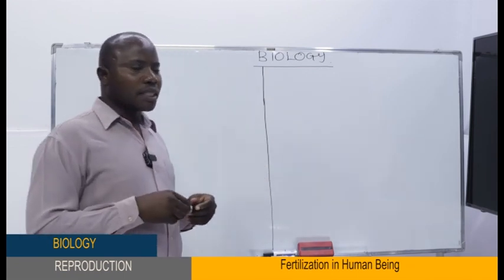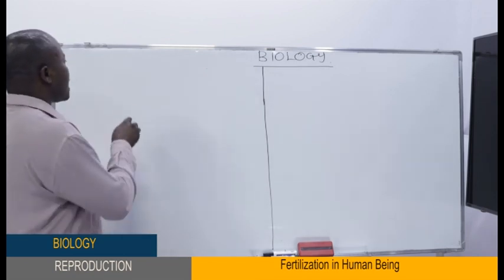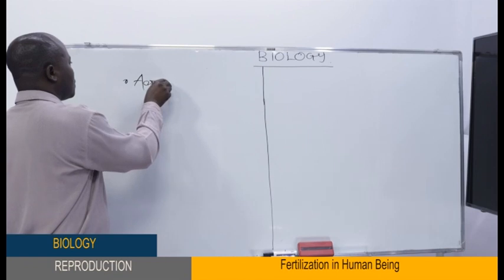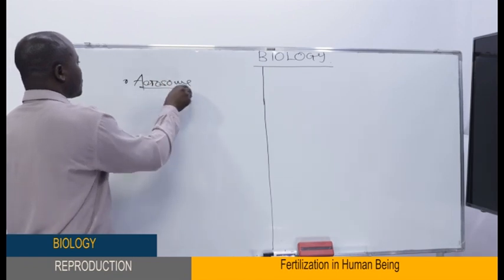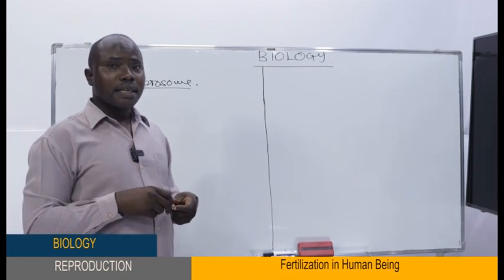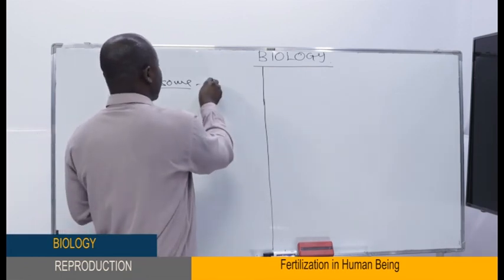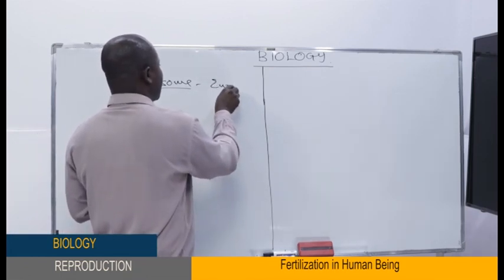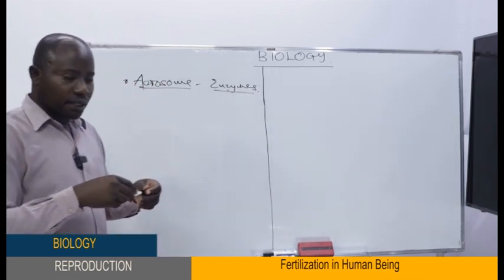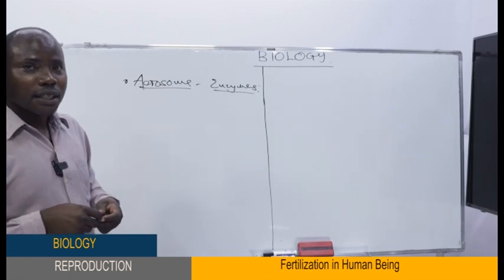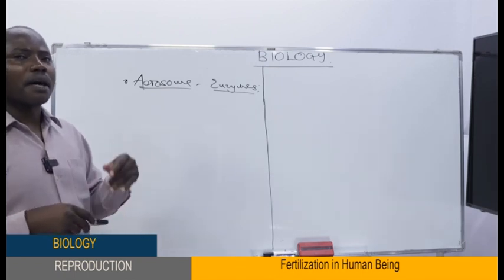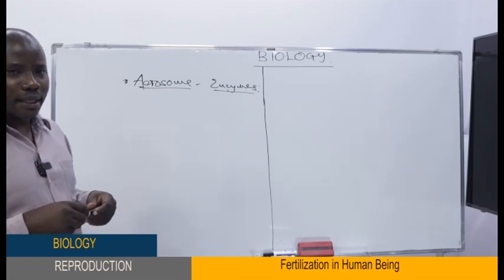For instance, in a question like that, you'd have to consider the role of the acrosome. As you understand, the acrosome contains enzymes that digest the path through the corona radiata and the zona pellucida for the sperm to enter the egg cell.